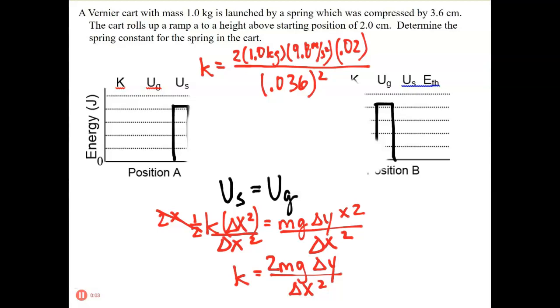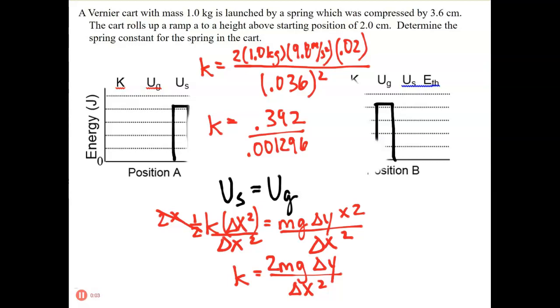Alright, so 2 times 9.8 times 0.02. I've got 0.392 on top. Divided by 0.036 squared is 0.001296. And I'll work it out. 0.392 over 0.001296.